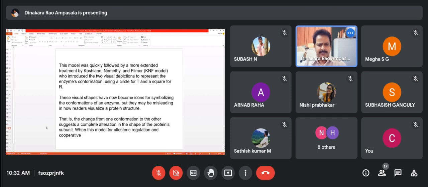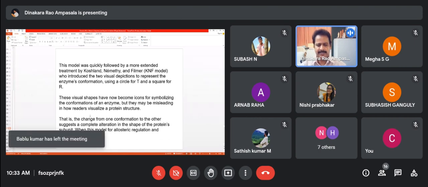Later, this model was quickly followed by an extended treatment. Koshland and his colleagues extended the model and gave two conformational changes using circle and square shapes. Circle for T, which is less reactive, and square for R. So you will see predominant differences even in the model.